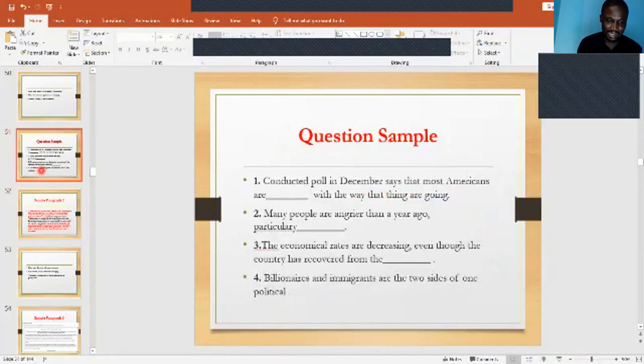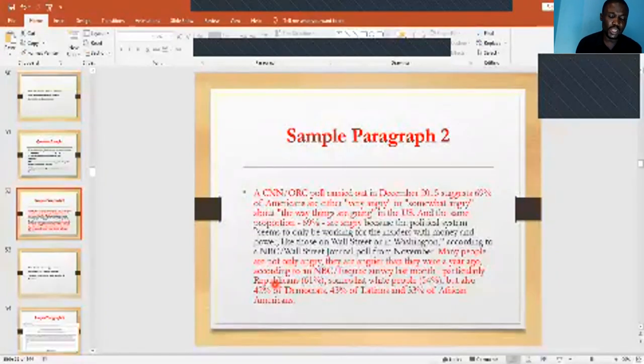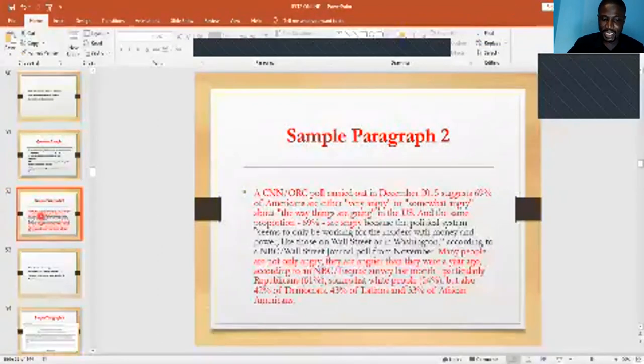So many people are angrier than a year ago, particularly who? It says particularly Republicans. So that is the way to go about reading. You need to properly break it down so that you can quickly locate your answer when you get to the question, instead of reading all over and over again.